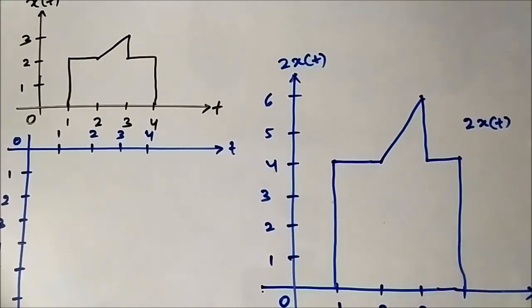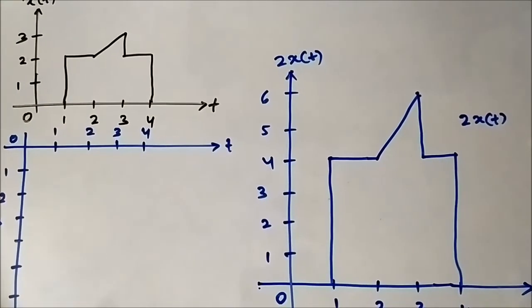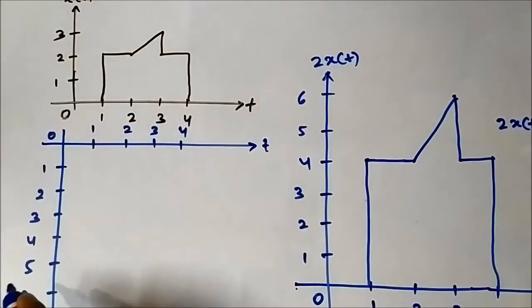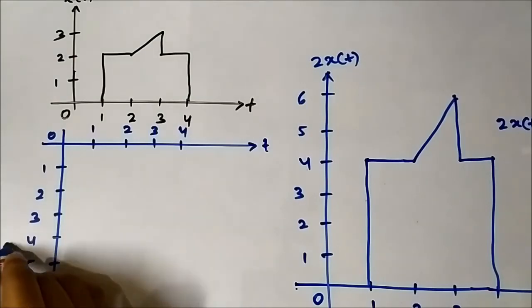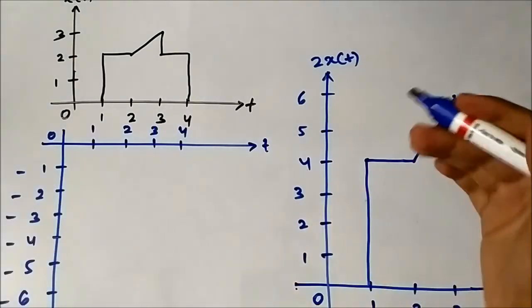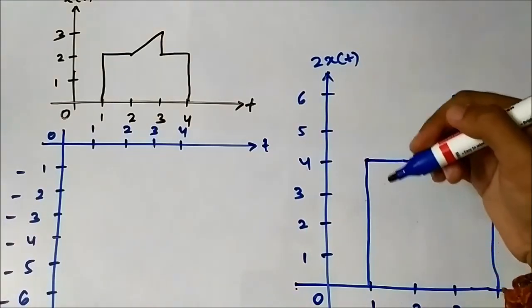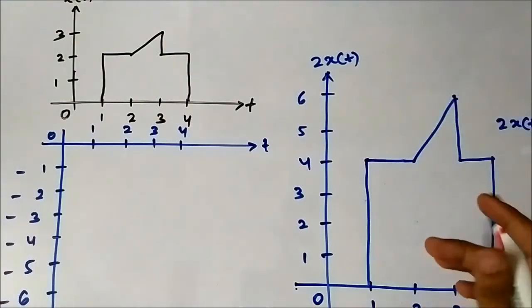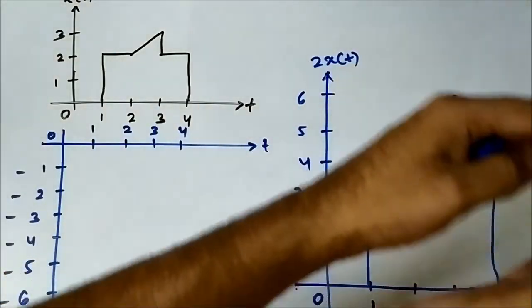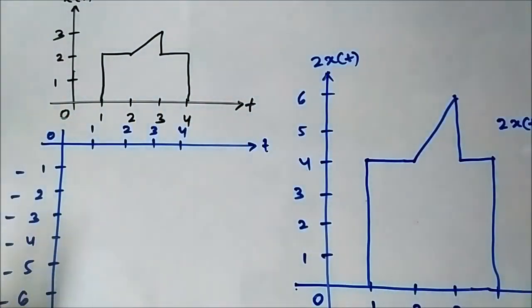Here we have drawn the axis, as it will be on the negative side, so it will all be negative amplitude. As we have already discussed in the amplitude inversion video, it is just like folding the signal around the horizontal axis, a mirror image of the signal around the horizontal axis.